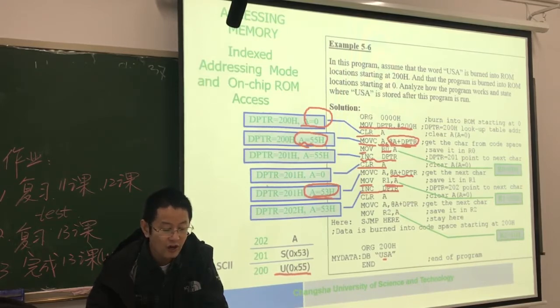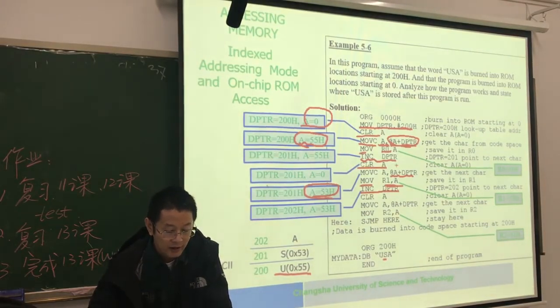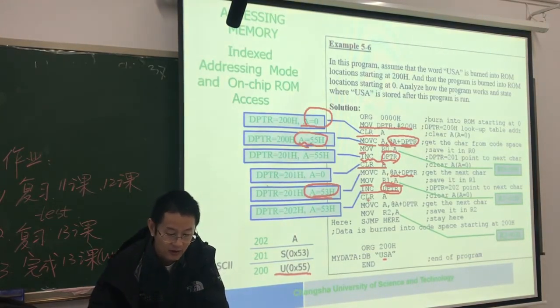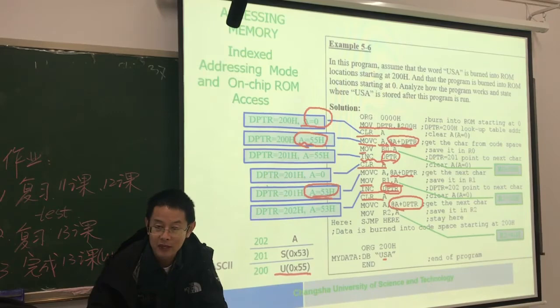INC DPTR, which means add 1, so DPTR is pointing to the third number. Clear A, which means get the third number of the table. So move to A, A is equal to 41H.